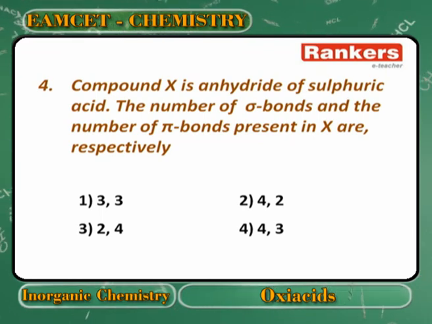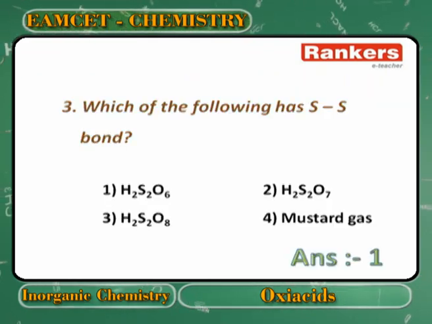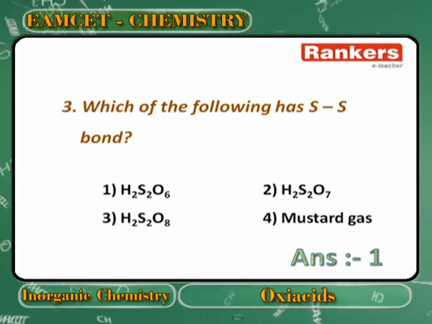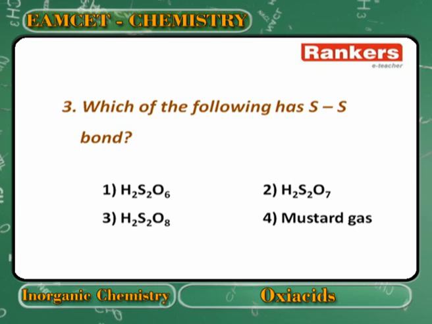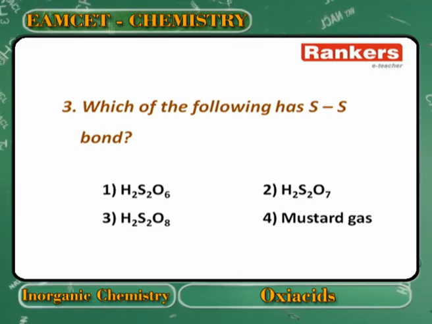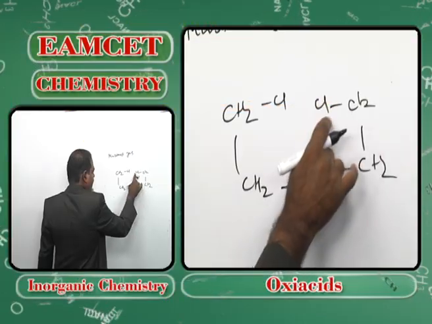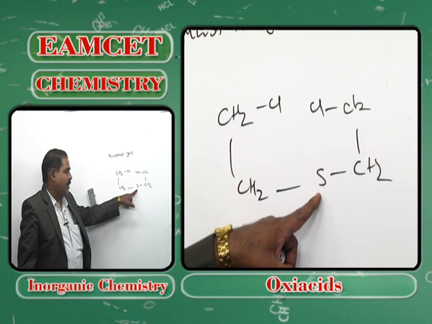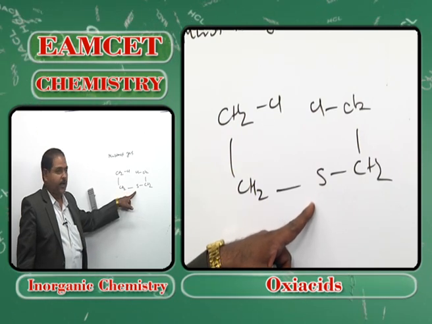Mustard gas. You should study all the options. CH2, CH2, Cl. There is only one sulfur in mustard gas. It is beta, beta-dichlorodiethyl thioether. Why is it called thioether?